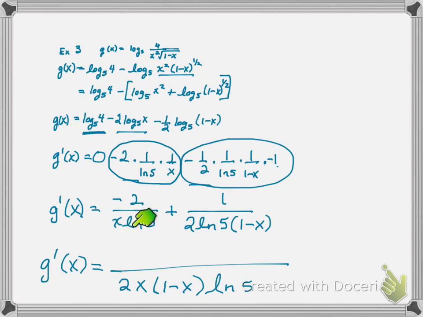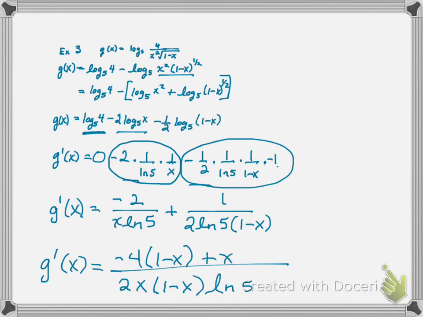So what would I have to multiply this times? To get this, I would need a 2 and a 1 minus x. So if I take the numerator times a 2 and a 1 minus x, I would have something like this. And then what would I have to multiply this times to get the common denominator? Well, it looks like I would just need a straight old x. Everything else is in there, so if I multiply this times an x, I would have a plus x.